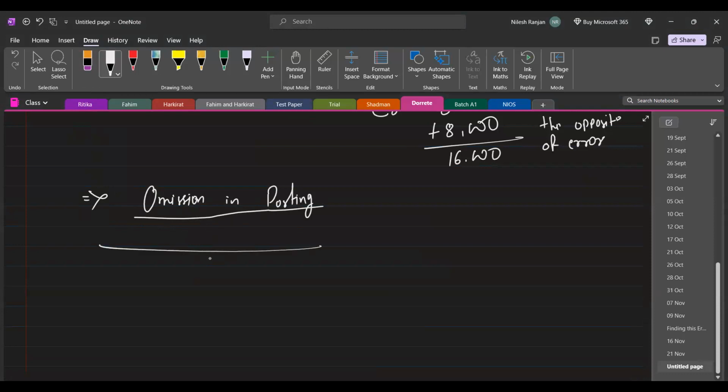Let's say we have purchased a machine, but we have not posted it in machine account. We have posted it in cash account, but we have not posted it in machine account. So in which side it should be written?